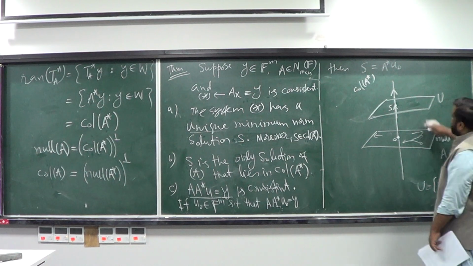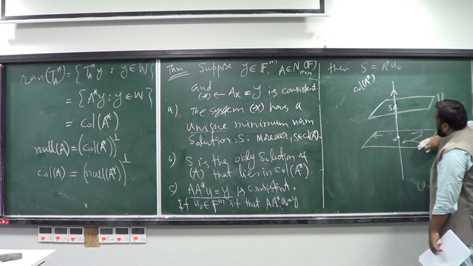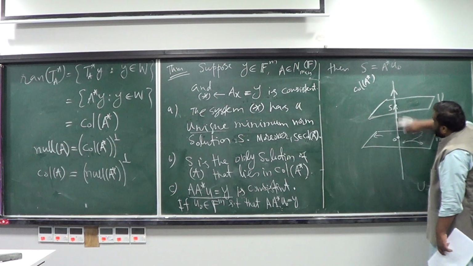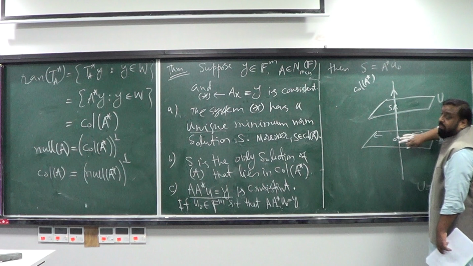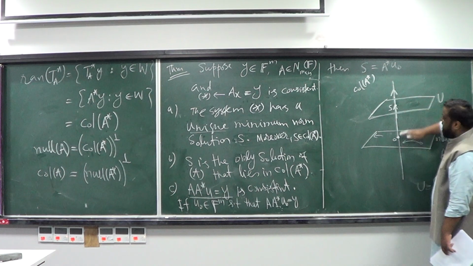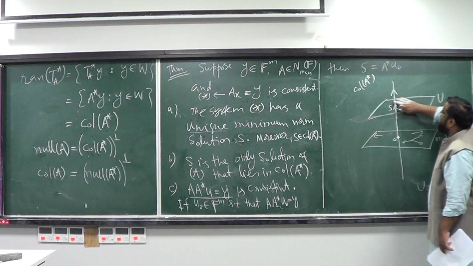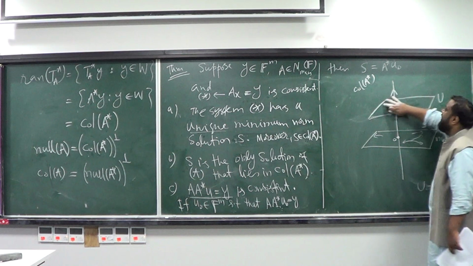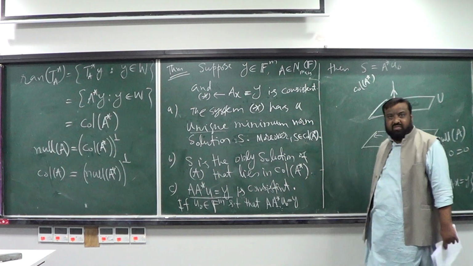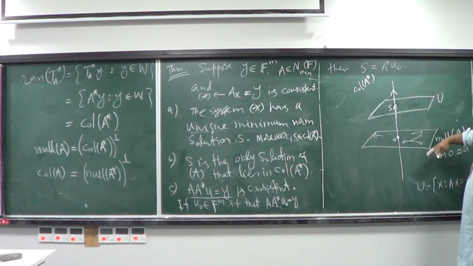Another thing that you can see about U is that U is a translated version. So these two planes are parallel to each other. So if you translate the null space by some units, you're going to get the space of all solutions that solves Ax equal to y.